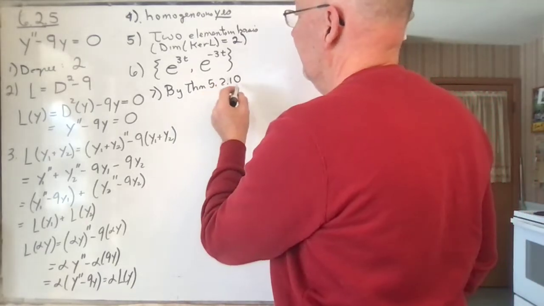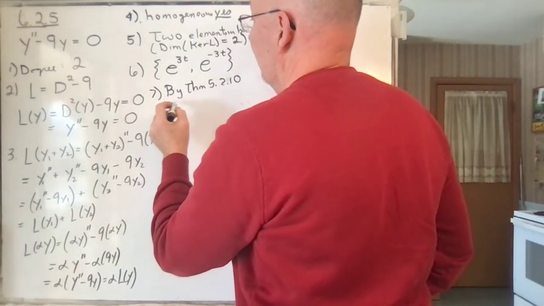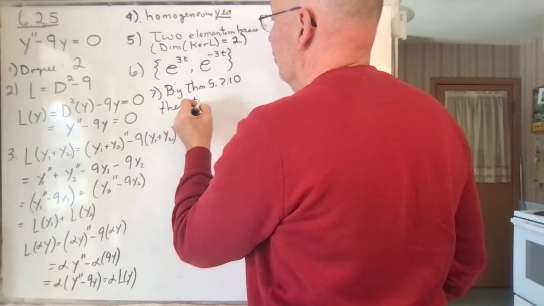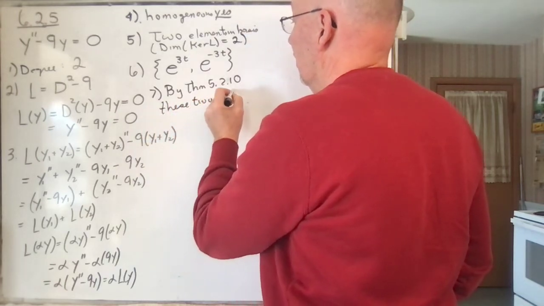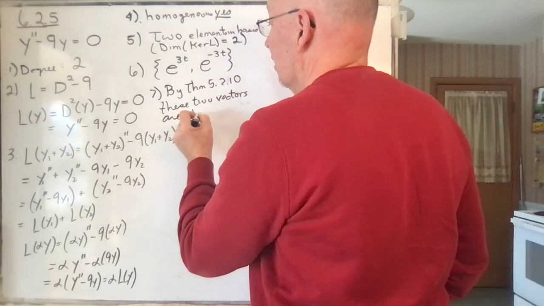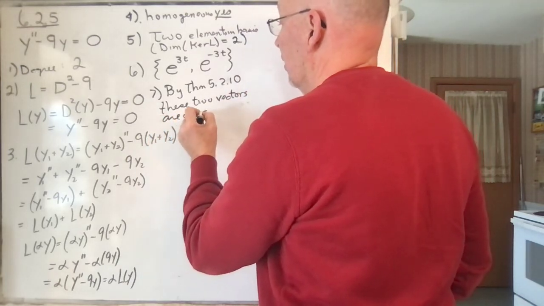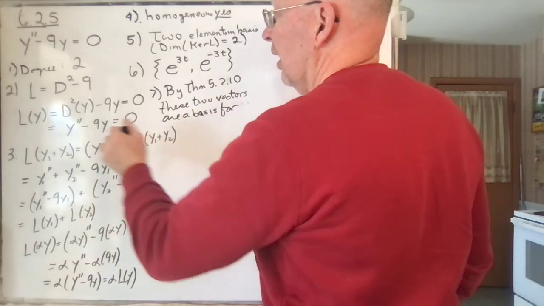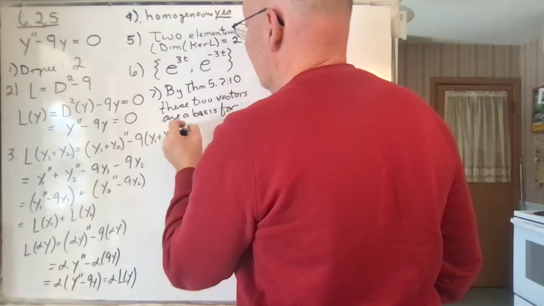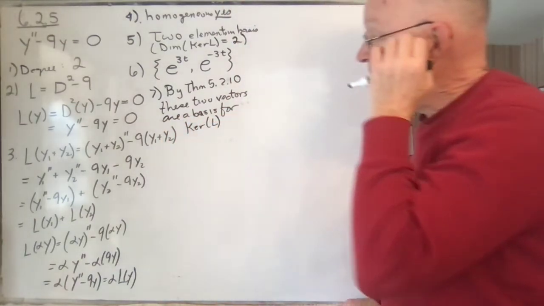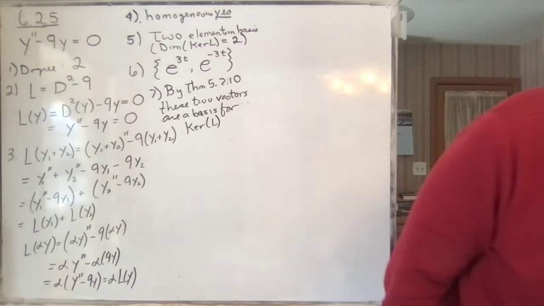So by Theorem 5.10, these two vectors are a basis for the kernel of L. Okay, that's number 7.